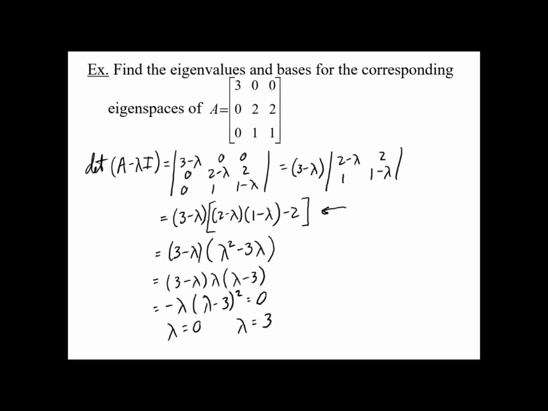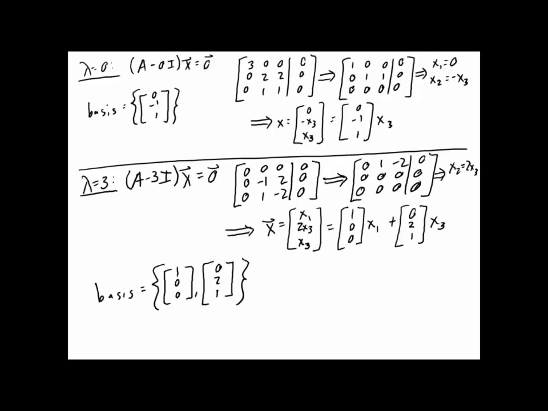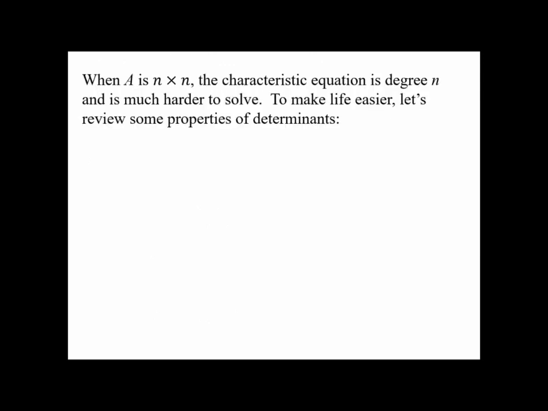In this example, it wasn't that big a deal to solve the cubic because the 2's canceled and there was already the 3 minus lambda factored out. But in general, finding the eigenvalues of a 3 by 3 matrix can be challenging and require a bit of algebra. So we're going to look for some ways of simplifying things.